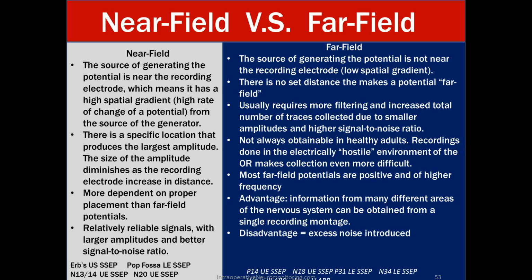Just like the N18 is analogous to the N34. They're coming from the exact same generator source or area, but they're just coming from different nerves being stimulated. And then in our ABRs, we have wave 3 and wave 5, both far field responses.